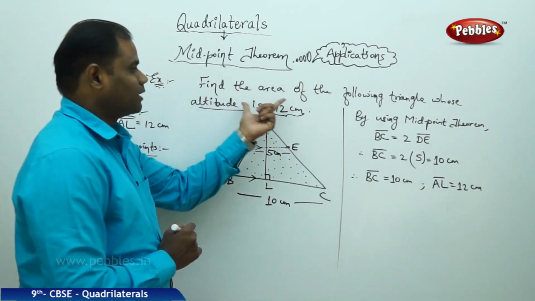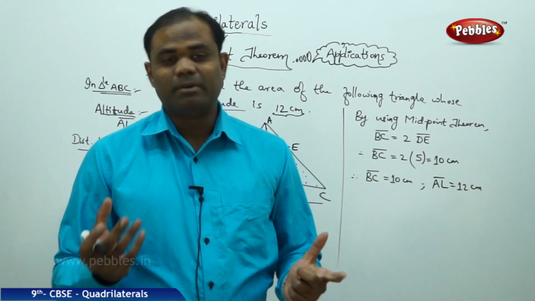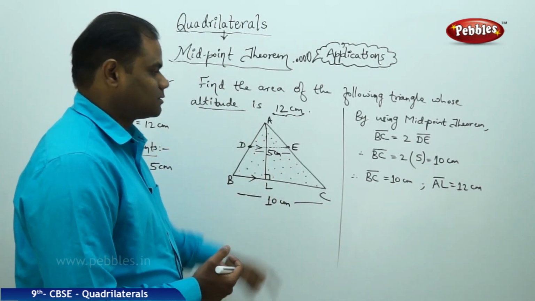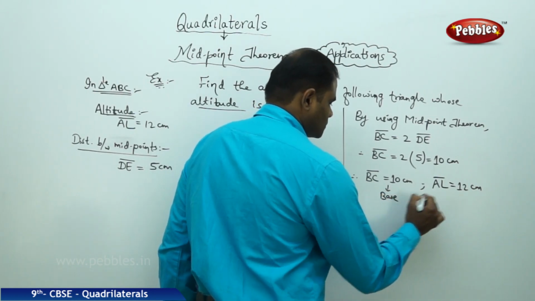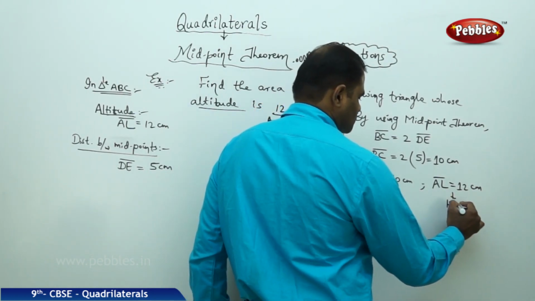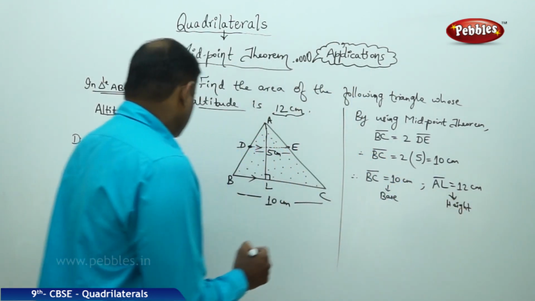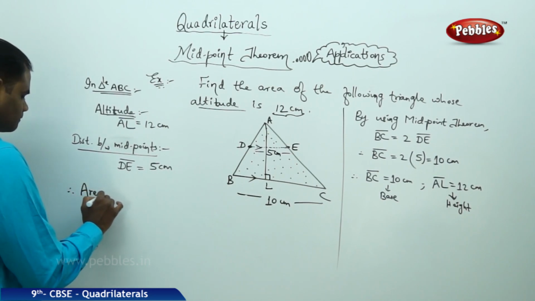In order to find the area of a triangle, we know that the area of a triangle is half into base into height. So this is the base and this is the height.